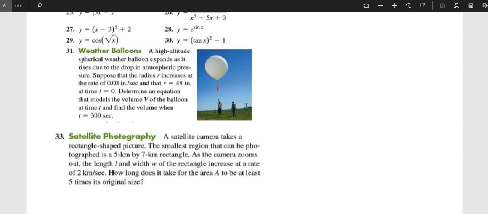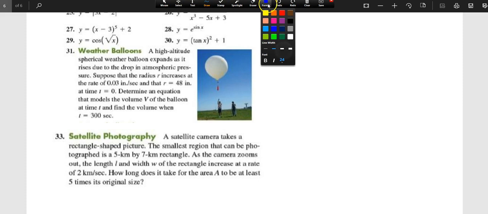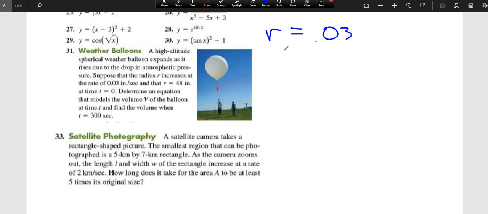Okay. So the radius increases at 0.03 t. R equals 48 at time 0. Okay, at time 0 means that they just gave me this equation. They gave me the y-intercept.